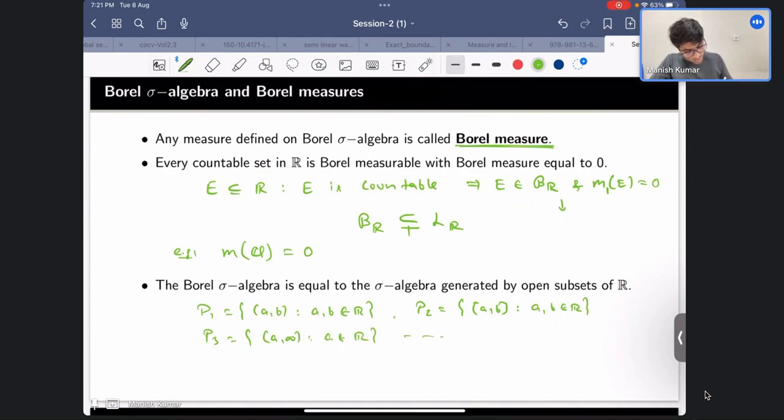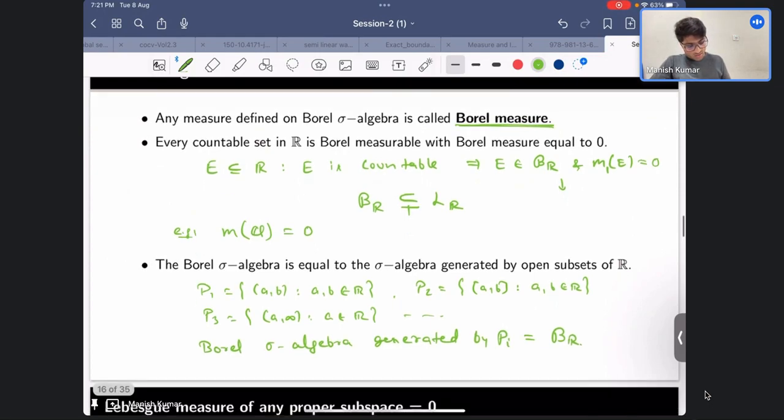So the Borel sigma algebra generated by the P_i's, which means the sigma algebra which contains these sets, is equal to B of R. The things will remain the same, and in fact you have one more.